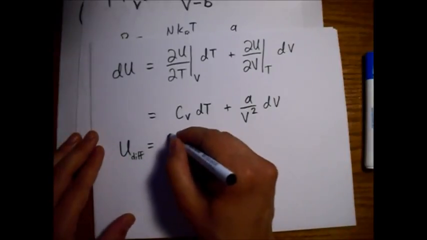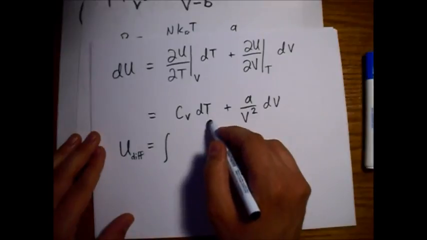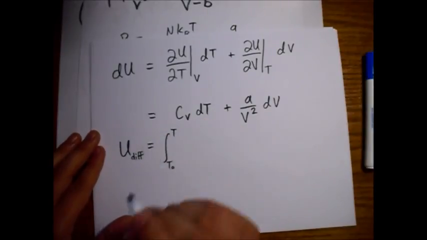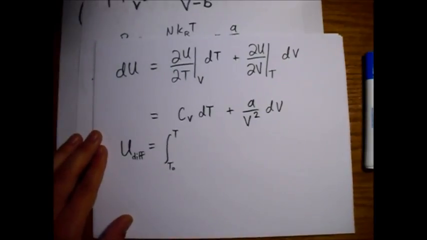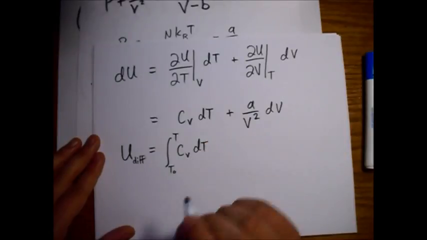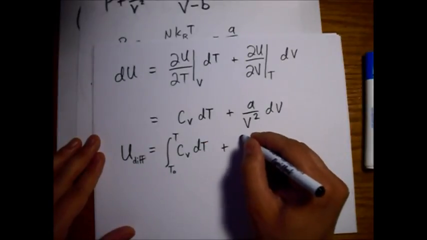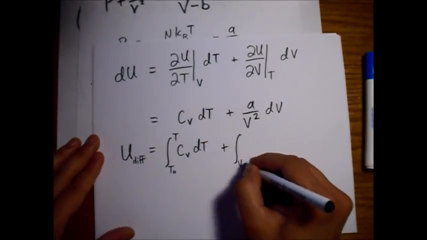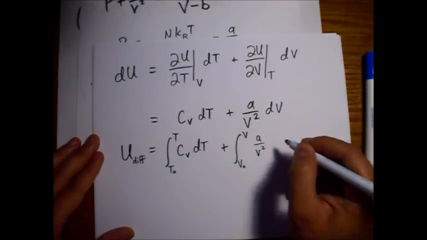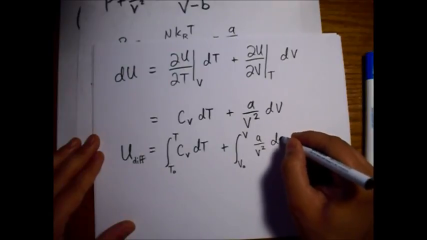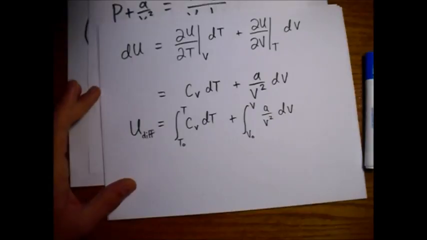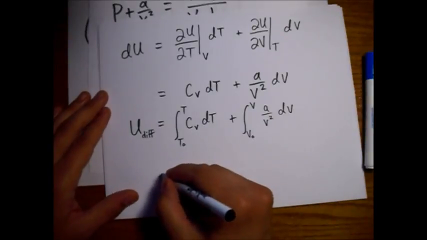We're integrating with respect to T from the reference temperature T naught up to the T that we have, of CV dT. And now we're integrating with respect to volume, V naught to V, of A over V squared dV. Now we just do this integration.